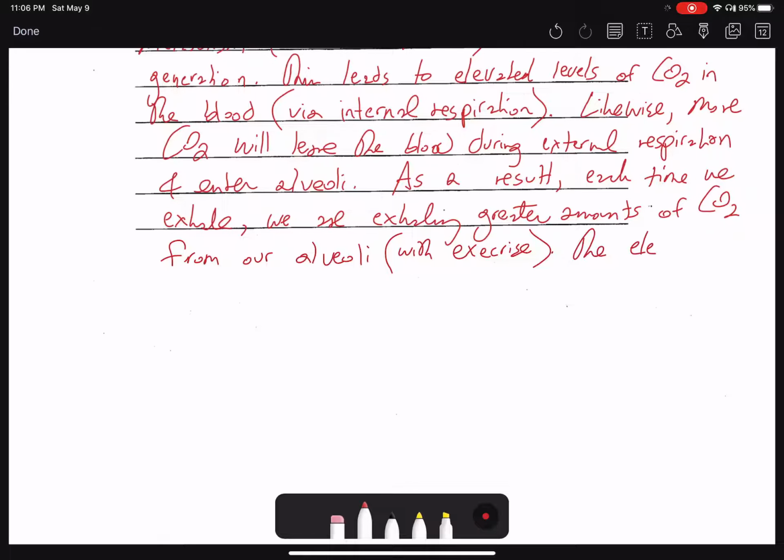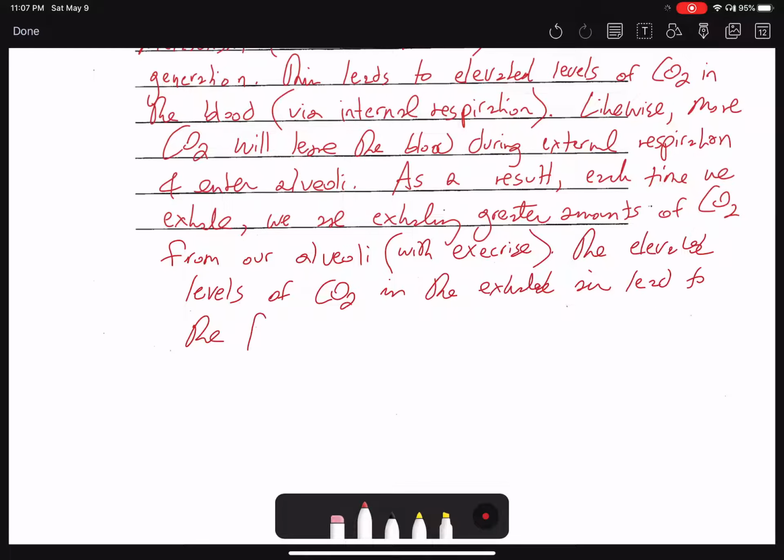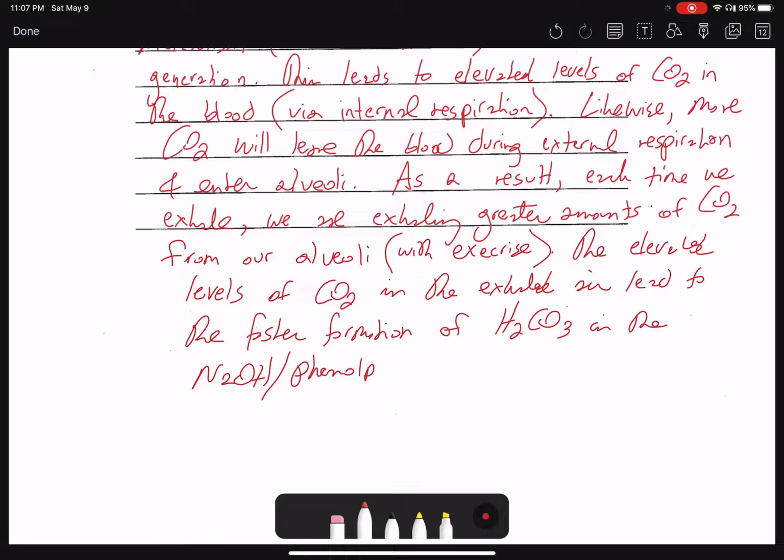And the elevated levels of CO2 in the exhaled air lead to the faster formation of carbonic acid in the sodium hydroxide phenolphthalein solution.